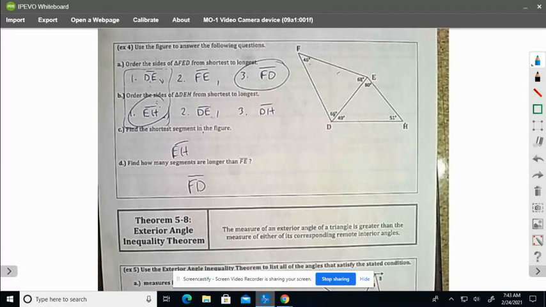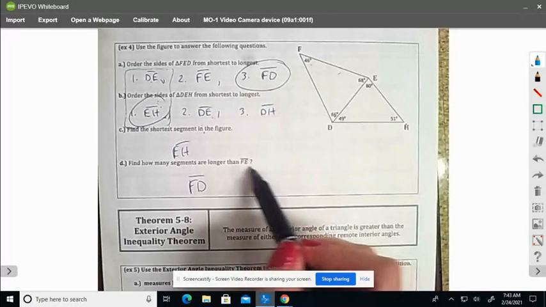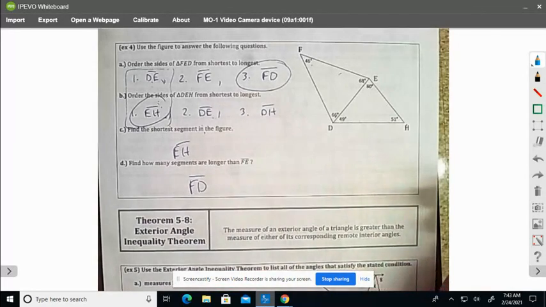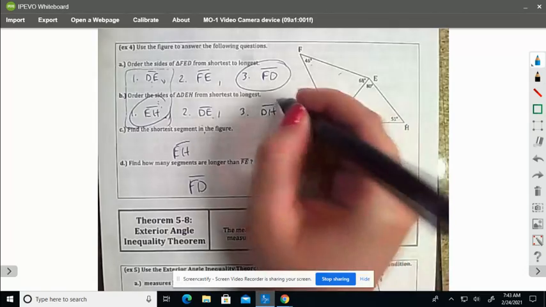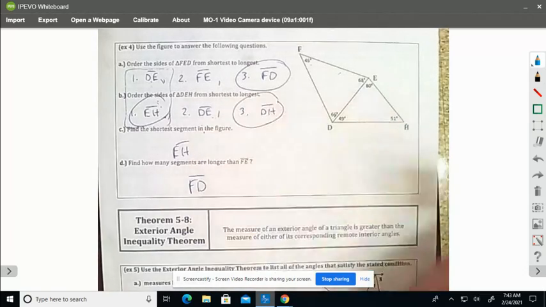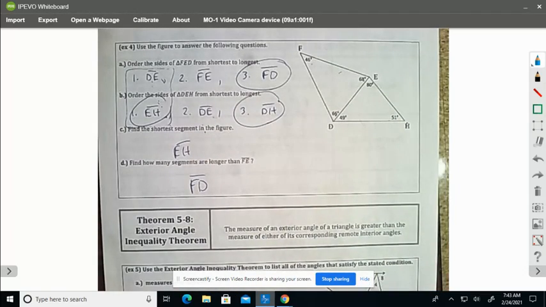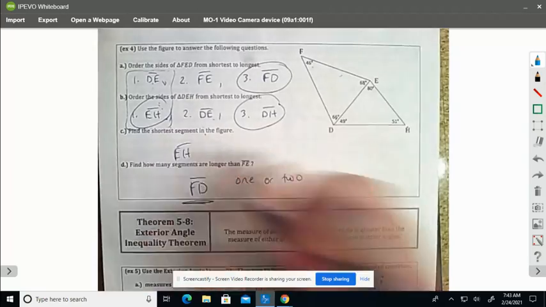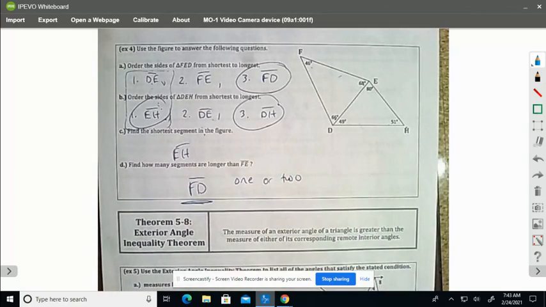The sides opposite could change. So we have to say that the only one we can prove is longer is FD. We could assume that DH might be longer, but we can't prove it. So we can definitely say that 1 or 2 are longer, but we can only prove FD is.